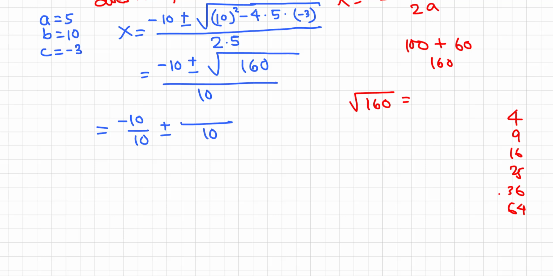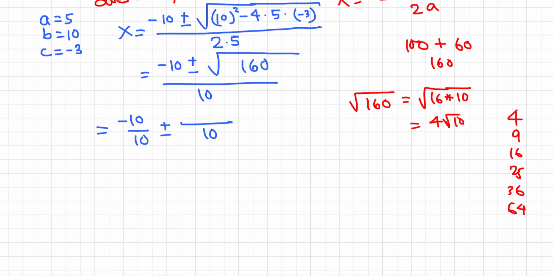Okay, obviously 4 divides, but 16 divides too. My bad. Not only 4, you can try 16. So this is 16 times 10, and the square root of 16 is 4, so 4 root 10.